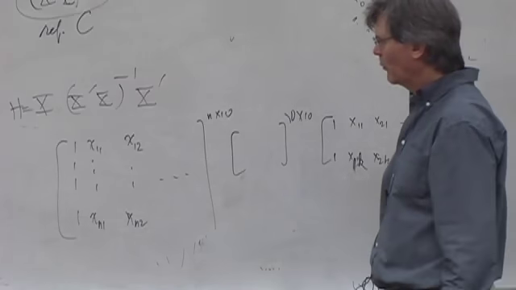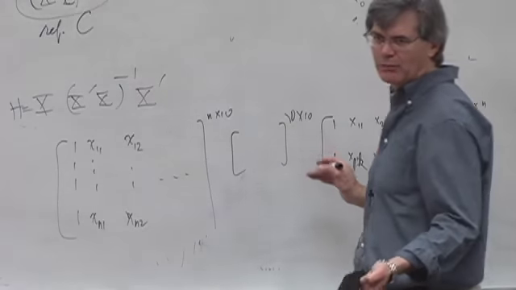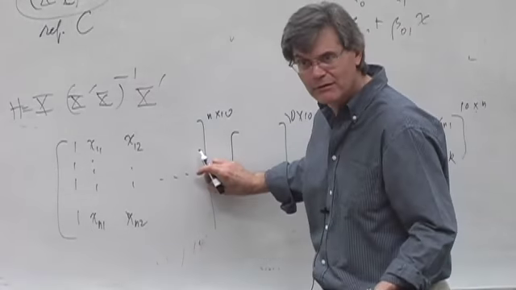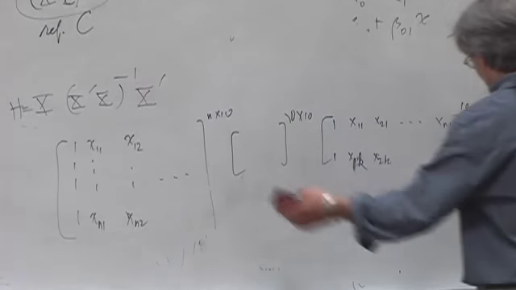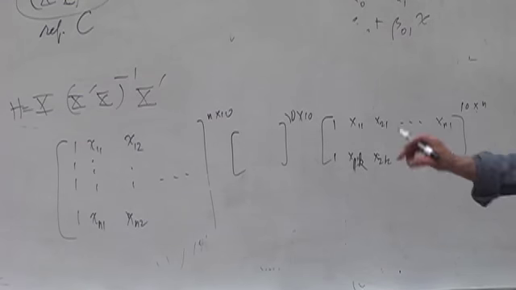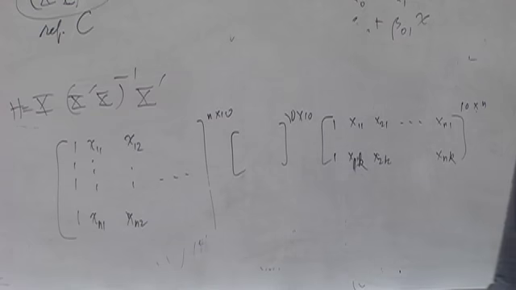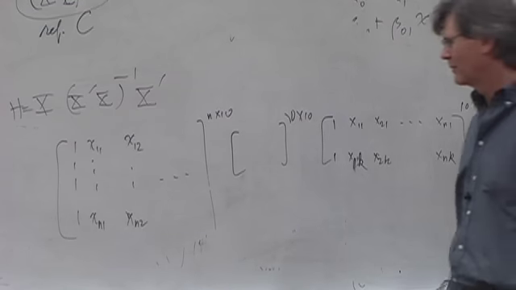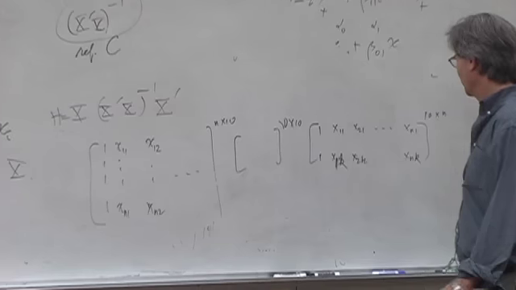So what is the ij entry of this product matrix? You take the ith row on the left and the jth column on the right. That's how you get the ij entry of any product.